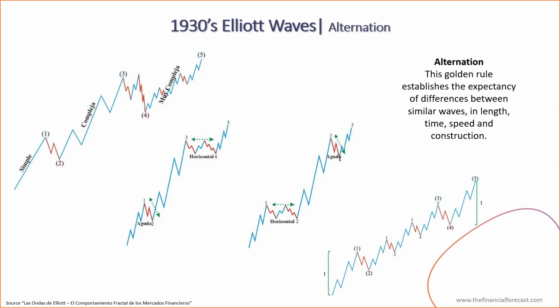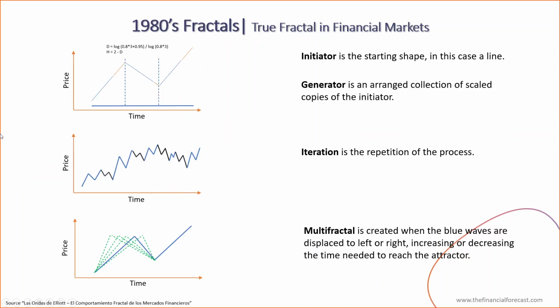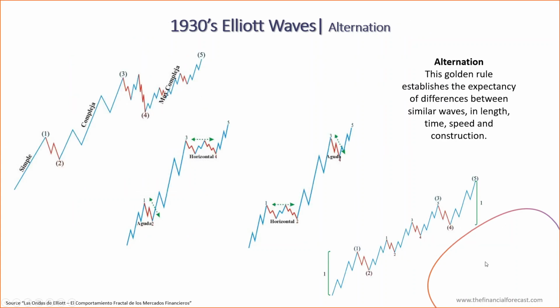This means that if the first motive wave has a simple construction and we cannot find subdivisions, then we have more chances for the next motive wave to have a complex structure.